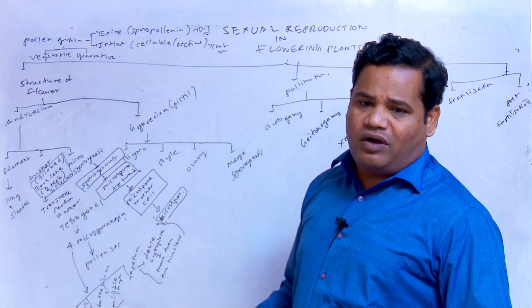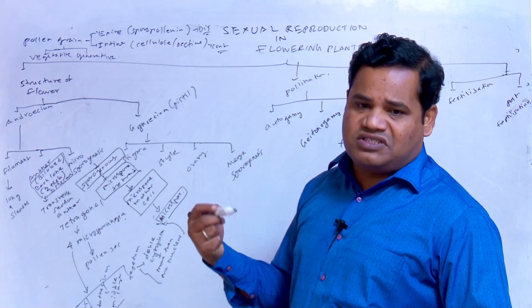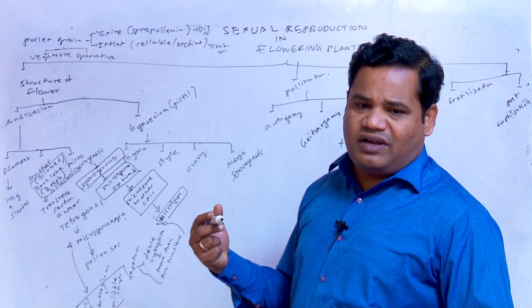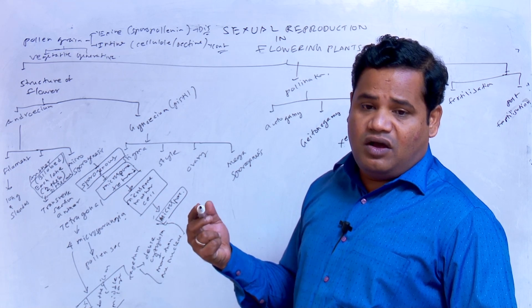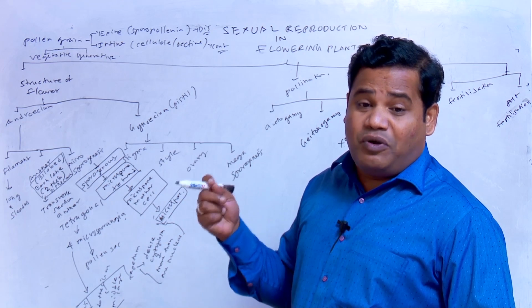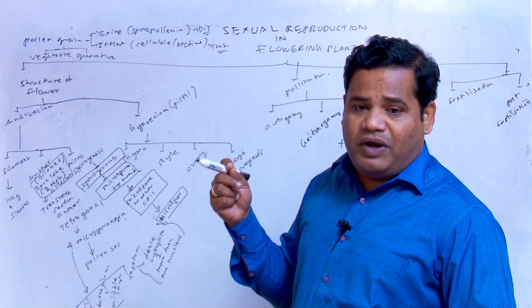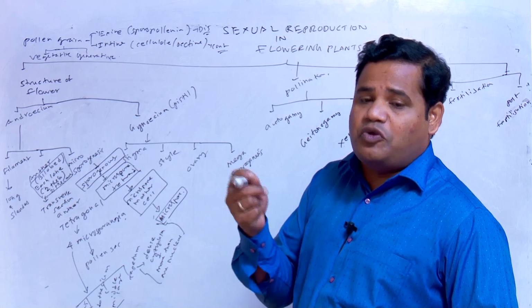Once they are shed, the pollen grains have to land on the stigma. Pollen grains remain viable depending on the prevailing temperature and humidity.